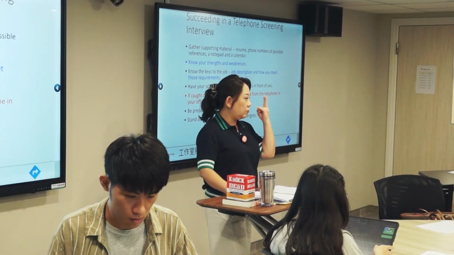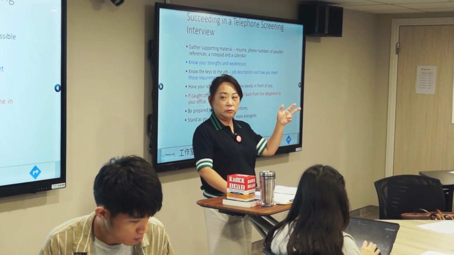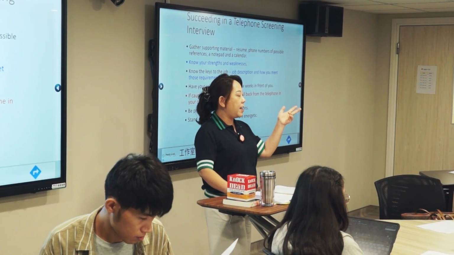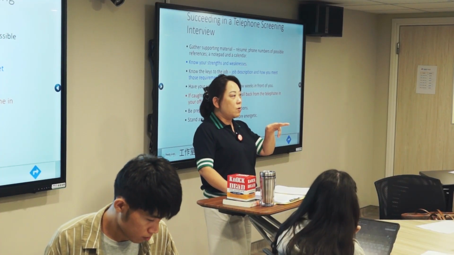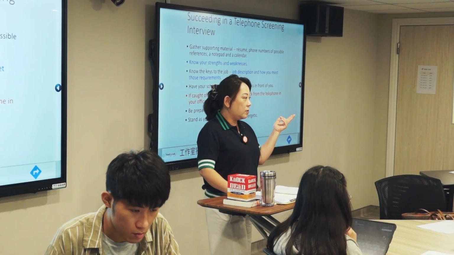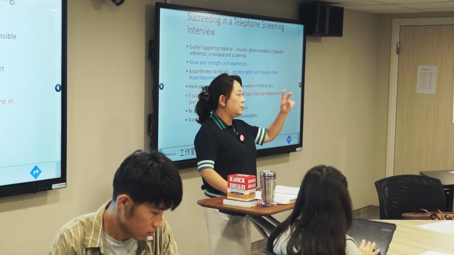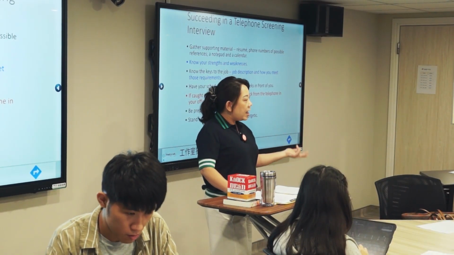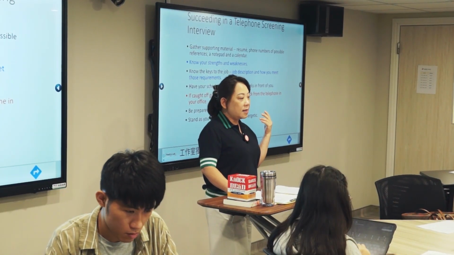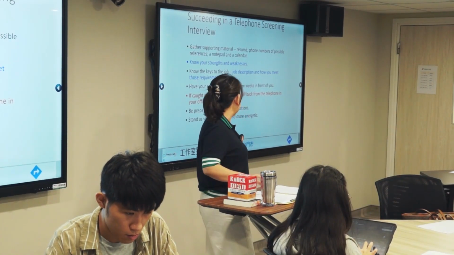Especially if you have two job offers and you are in a dilemma about choosing between job A and job B, and maybe you are more interested in job A, right? But they didn't call you back. Then you have the contact information, and it will be easy to call back and say that you are highly interested. Can I know if I can get the job offer, or if I can have another chance to take the interview, okay?